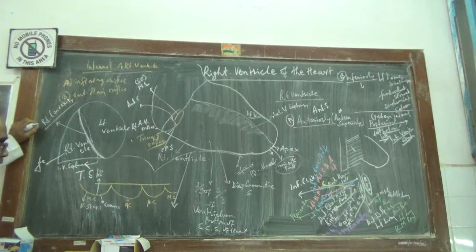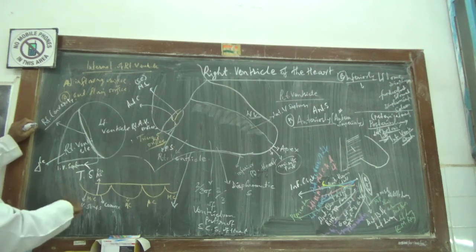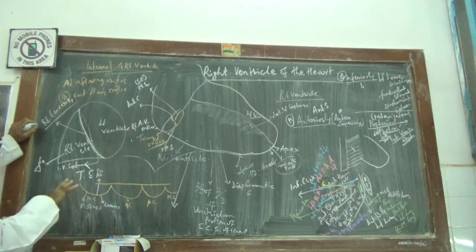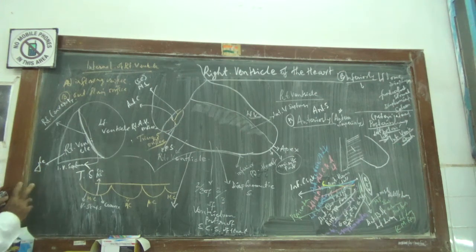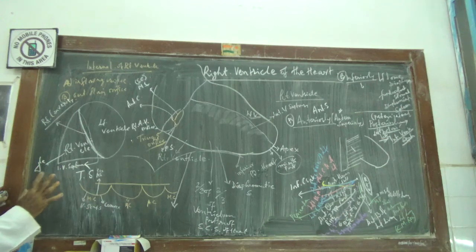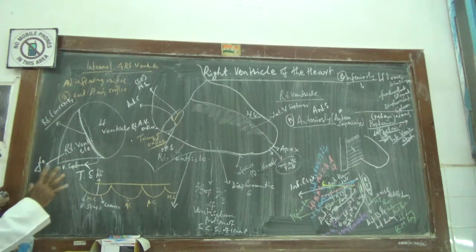When there is atrial diastole, at that moment there will be ventricular systole, meaning a contraction. So you will be having this type of setup. This totally depends upon the entire cardiac reflex, rather the conducting system.